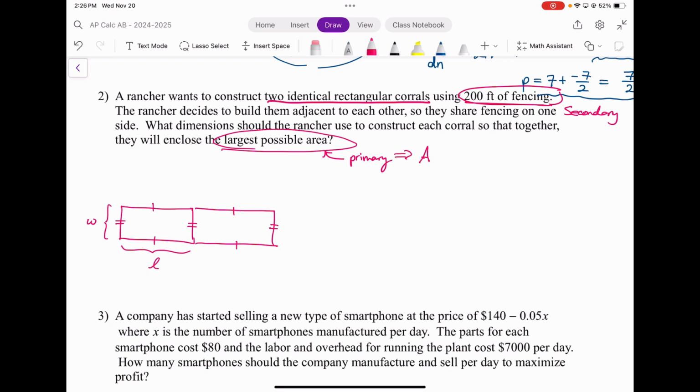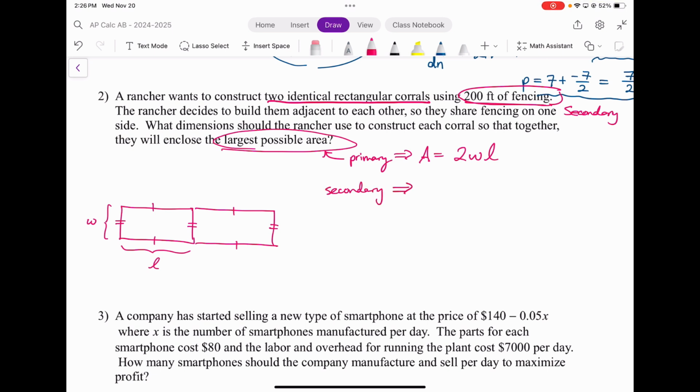The area of this thing is equal to what? Total area. So it's the area of both of these rectangular corrals, which would just be 2 times W times L, or 2L times W, either way, right? Seems straightforward enough.